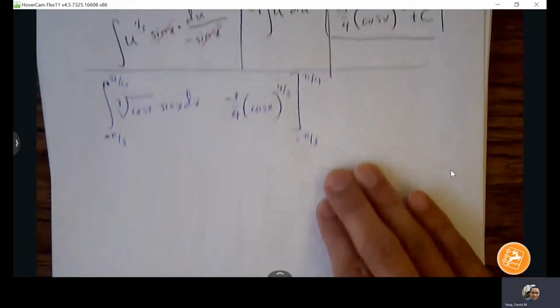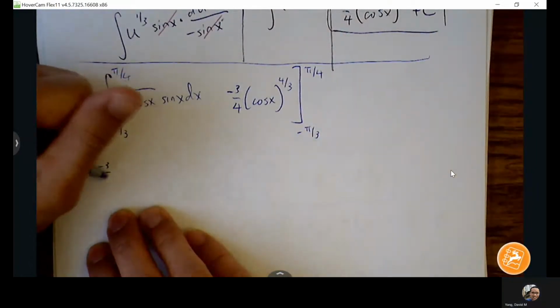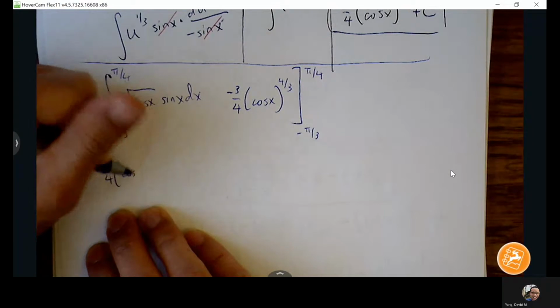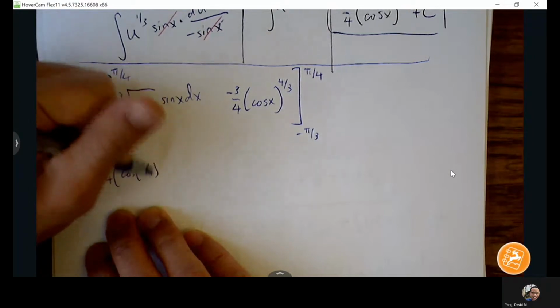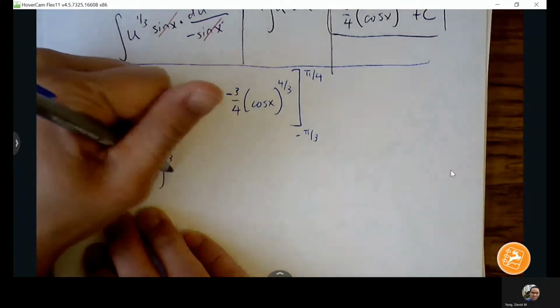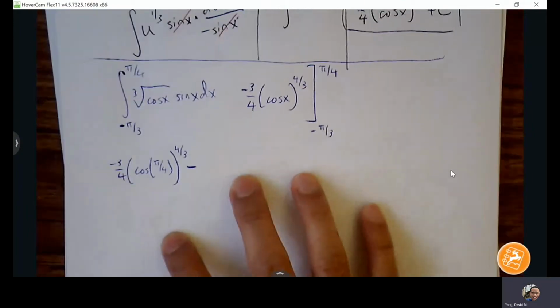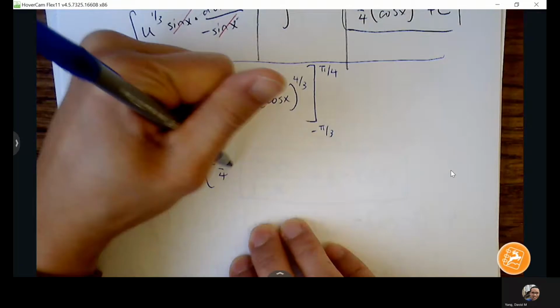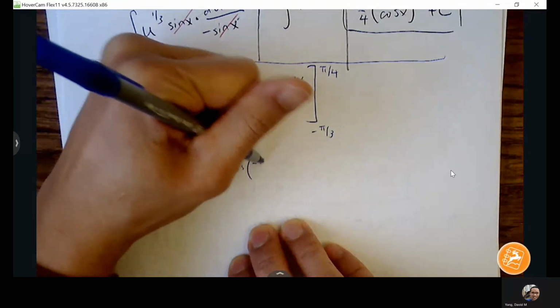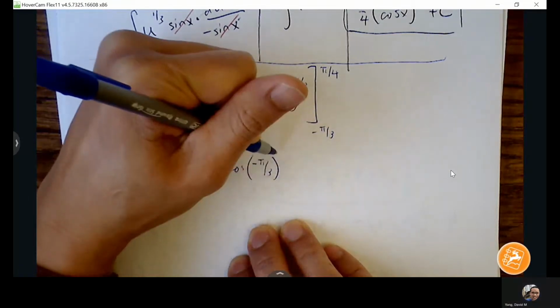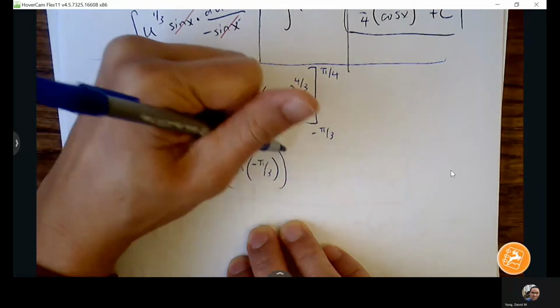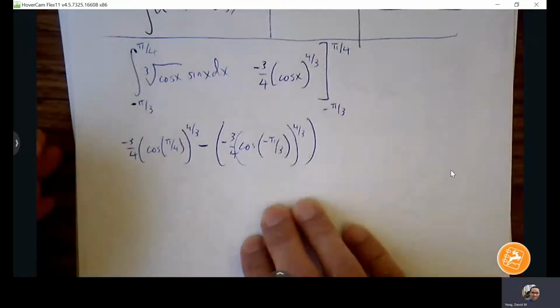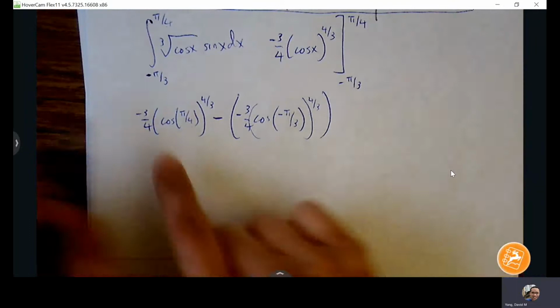Upper bound first. Minus the lower bound. And now we try to recall our unit circle values.